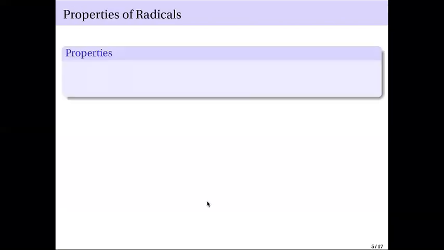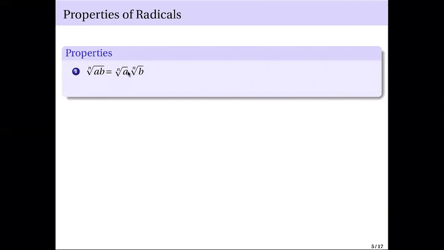Okay, so some properties here. If you have a product AB and you get the nth root of that, that's equal to the nth root of A, nth root of B. Provided, take note of this, provided this is defined here and also this guy here, it's defined. Okay?